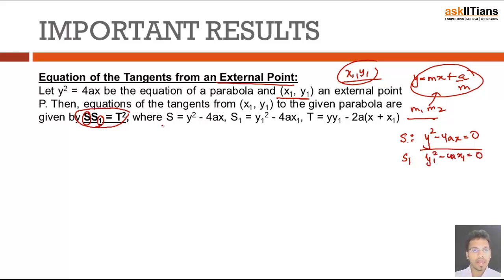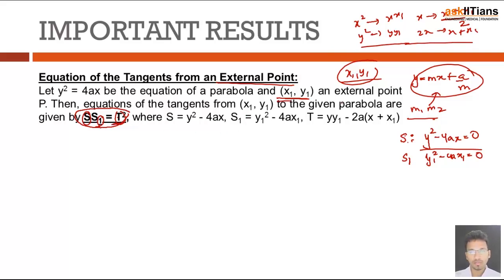And for T square, remember I told you what to do: replace x square by x1, y square by y1, and if you have only x, replace it by x plus x1 by 2. If you have 2x, replace it by x plus x1. So depending on the situation, this is what the T meant.